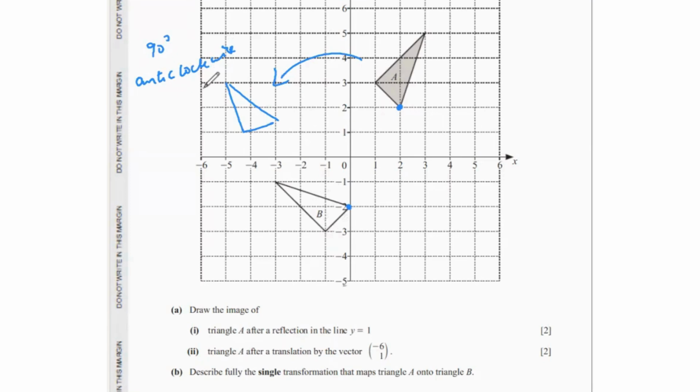Now we need to identify what the center of rotation is. For the center of rotation, the horizontal and vertical distance of the corresponding points swaps between the original image and the rotated image. So for example, if from the center of rotation the horizontal distance is 2 for this point, now it's going to be 2 for the vertical distance for the rotated image.